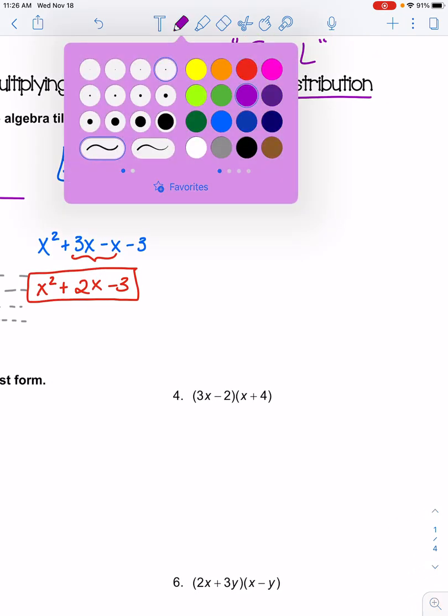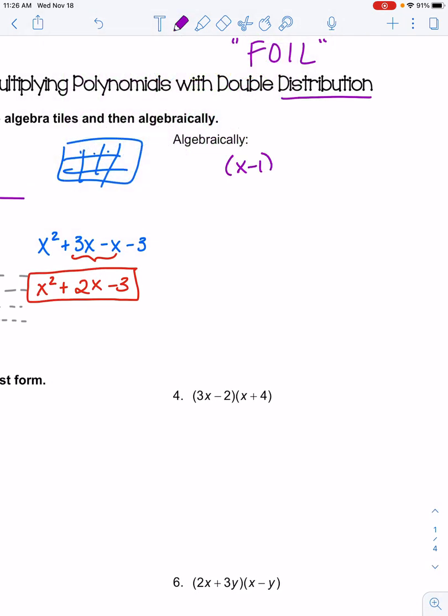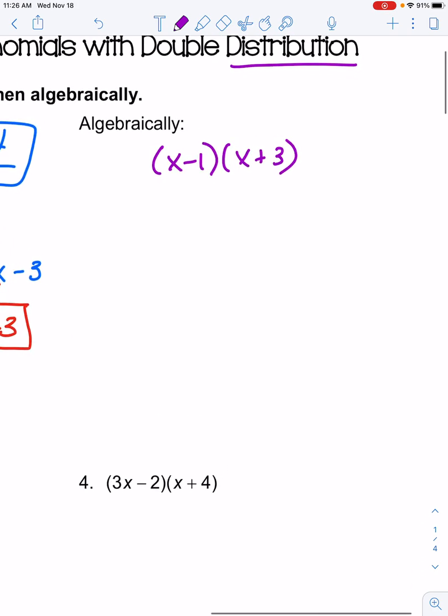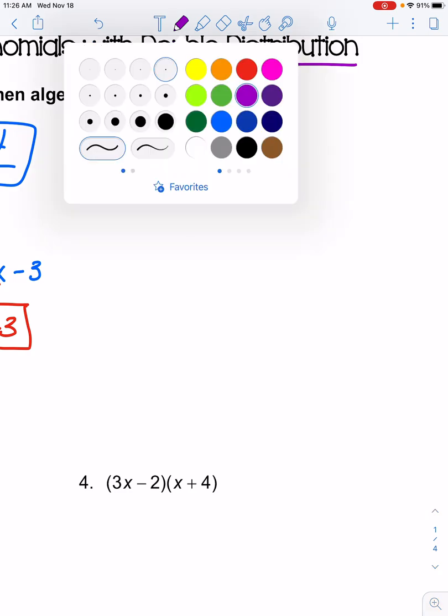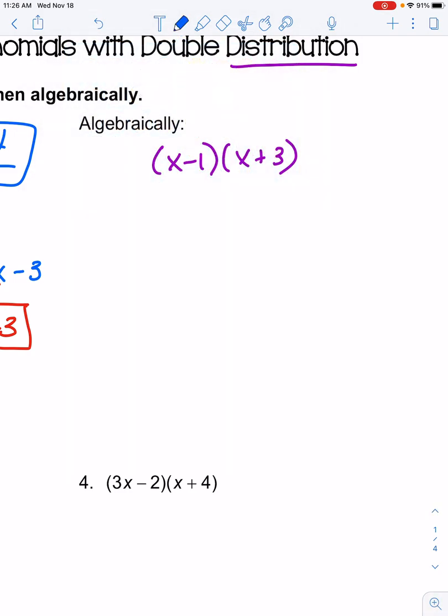So our problem algebraically was x minus 1 times x plus 3. We are simply going to distribute these pieces, making sure to distribute everything from the first factor to everything in the second factor. So this x needs to be distributed to the x as well as to the 3.